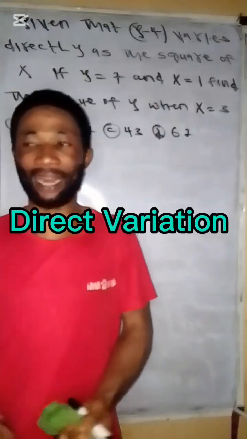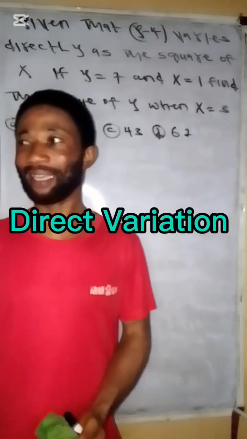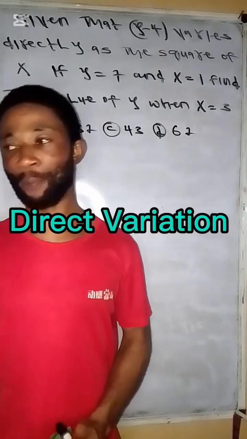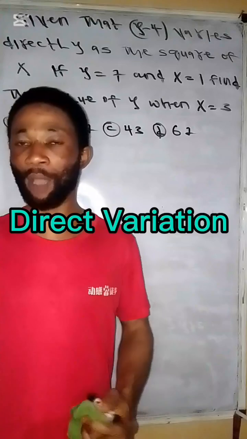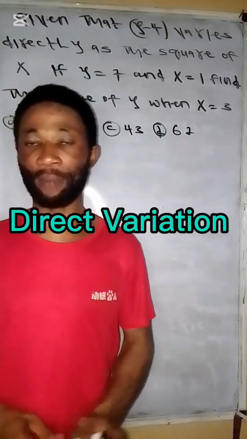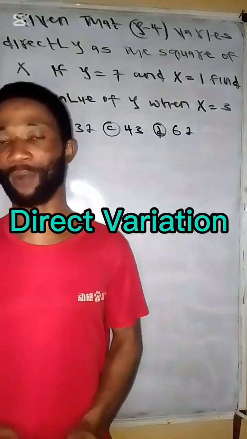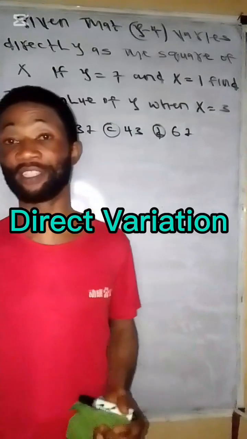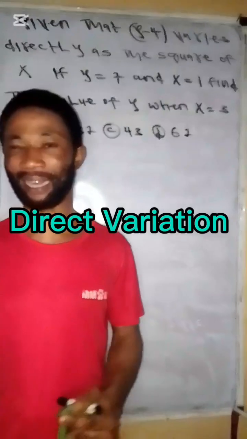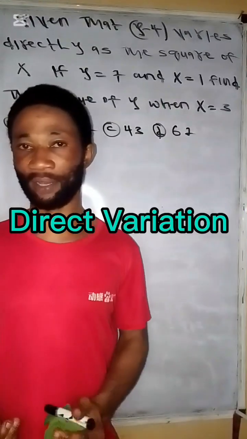When we talk about direct variation, we equally call it direct proportion, when two or more variables change in the same direction. Maybe an increase in x brings about an increase in y, an increase in w brings about an increase in z. So we can now say that x and y, or w and z, are directly proportional.